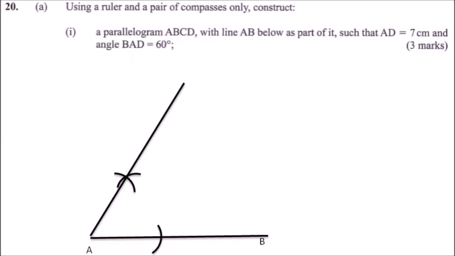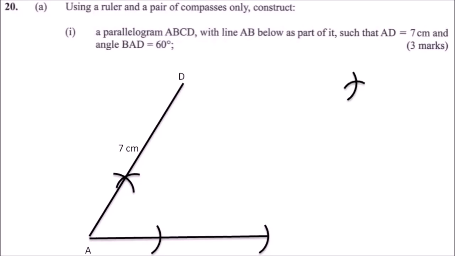And in our question, we are told AD is equal to 7 centimeters. So from A, you measure 7 centimeters, and that is where you get your point D. Mark your point D in that position.